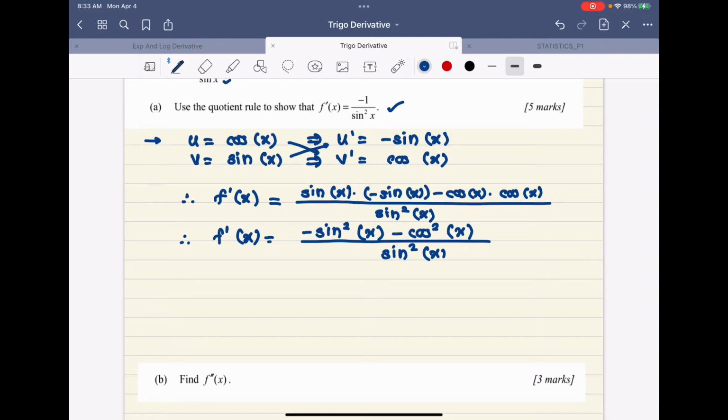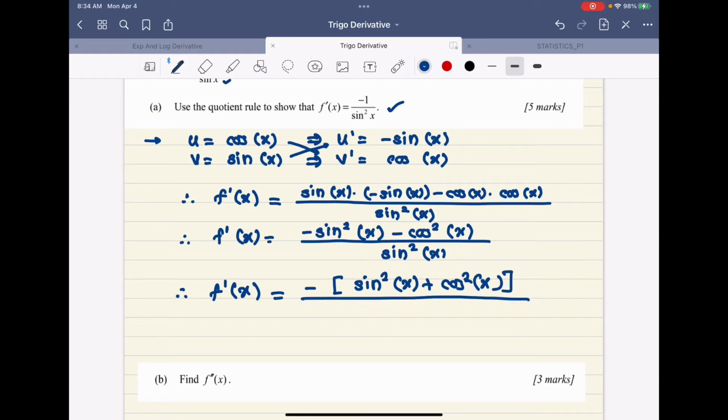You cannot directly write the answer negative 1. You have to show the step of taking negative common, and it becomes sin square x plus cos square x, which is basically our trigonometric identity. Therefore, f dash x is equal to negative 1 over sin square x. Proved.